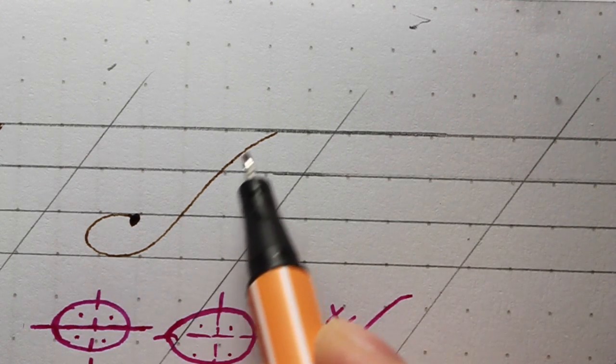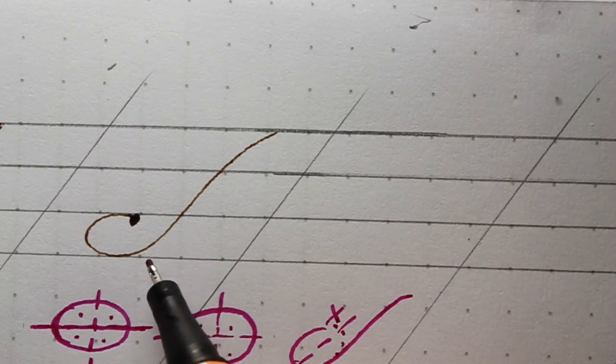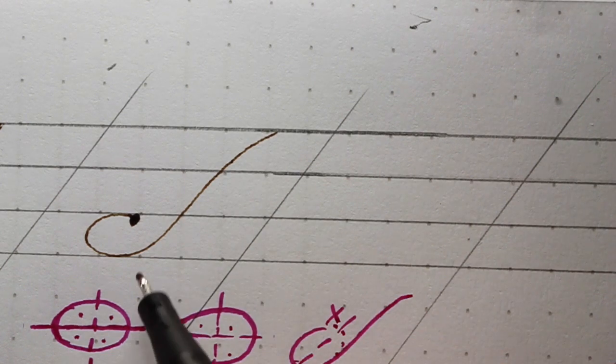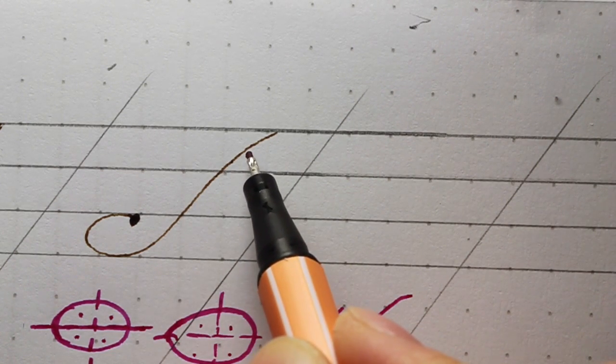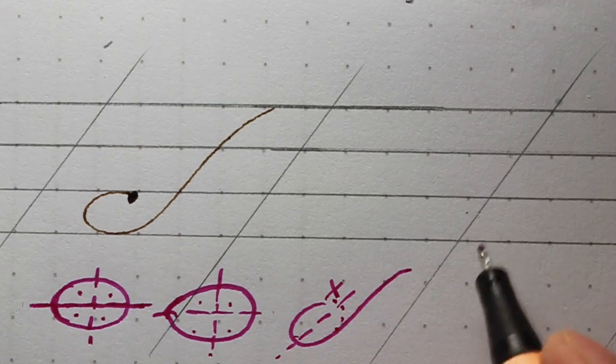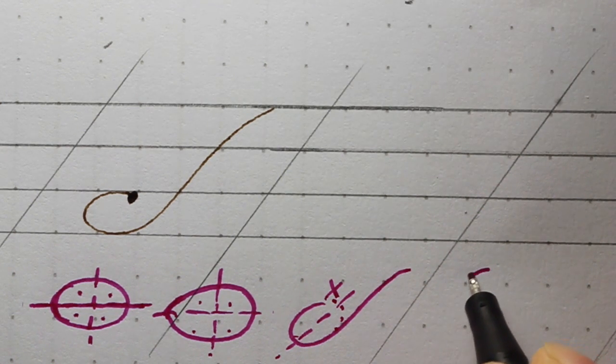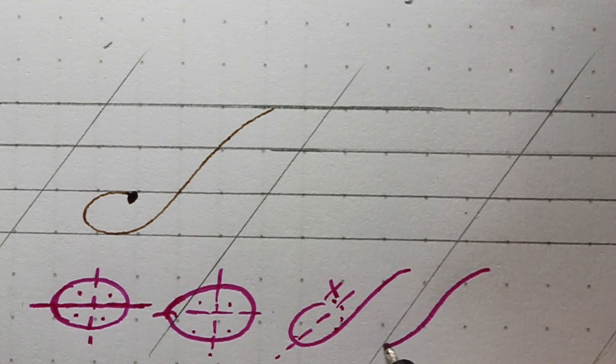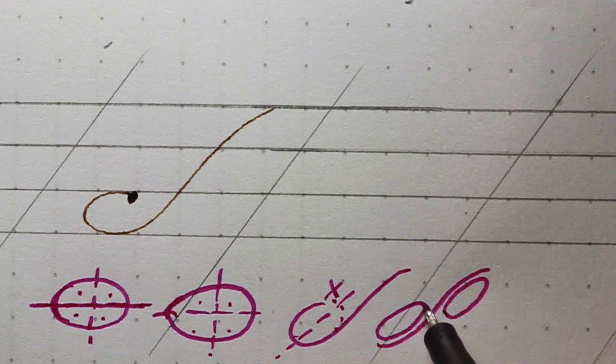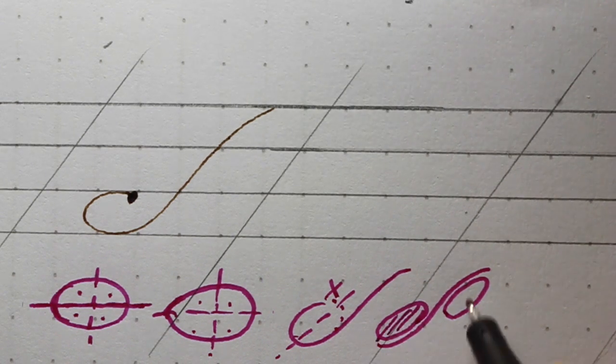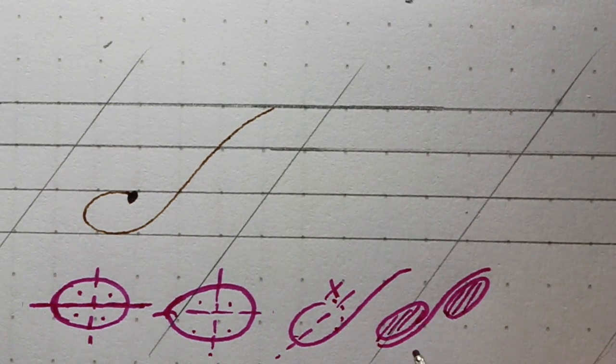Also, when we push this hairline, we have to think about this shape. This is the shape of a compound curve. What that means is it's simply an S curve where here and here fits the same size potential ovals.